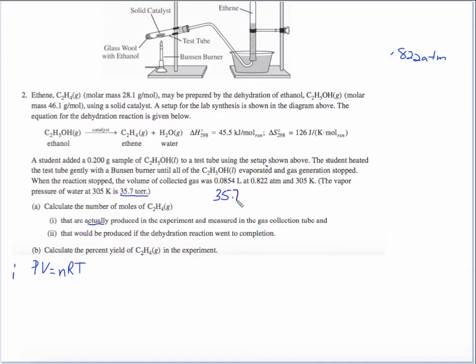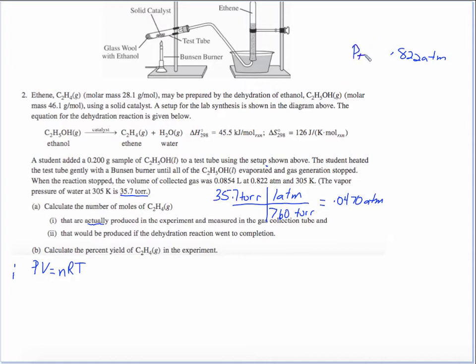You would take 35.7 torr, and you could look up on your AP formula sheet that 1 atmosphere is equal to 760 torr. If you do the math, you end up getting 0.0470 atmospheres.